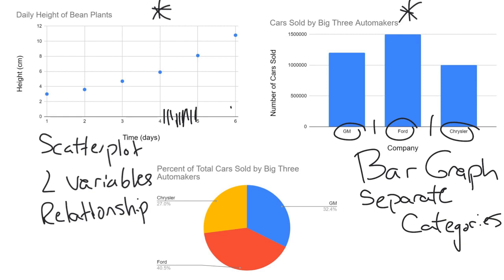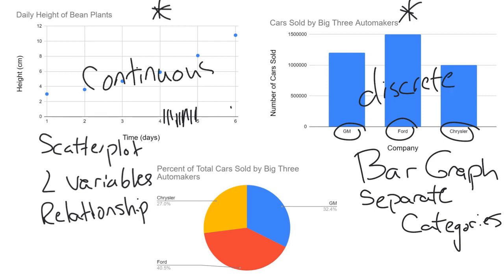And so this is called discrete data on the independent variable down here. This is called discrete data, and this is called continuous data. And that's because the data is continuous from here to here across our x-axis.